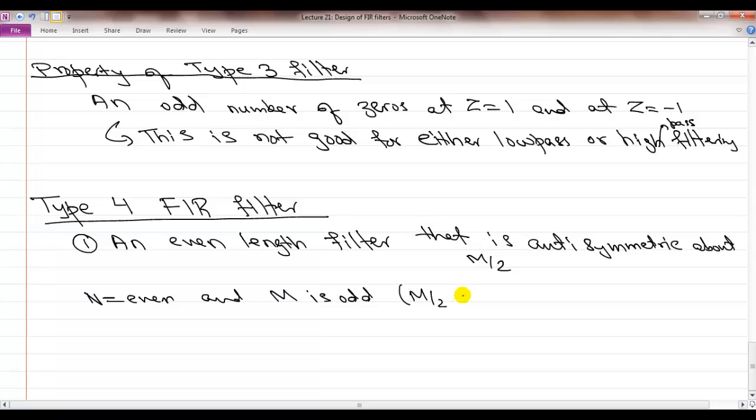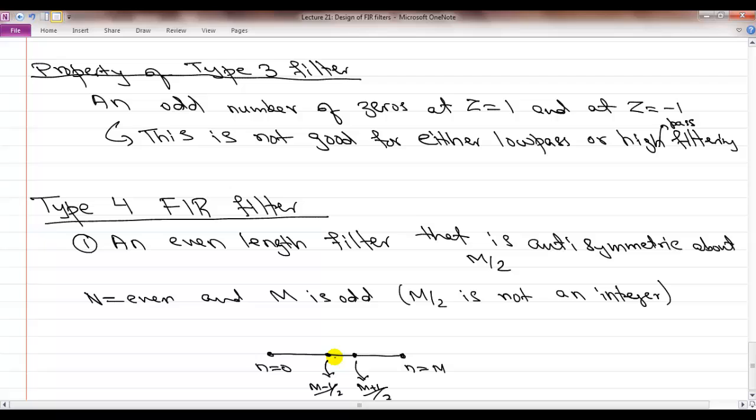So m by 2 is not an integer. So it's anti-symmetric, similar to the previous case, but now my m by 2 is not an integer. So I have n equal to 0, n equal to m. This is an integer, m minus 1 divided by 2, m plus 1 divided by 2, but m by 2 is not an integer. So for example, you will get something like this, and then you will have your impulse response like this.